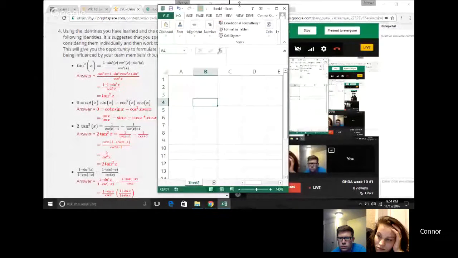Perfect. So what you do is... So you multiply that out like I said, like they have it. So you multiply that out so that you have cosecant squared of x minus 1.